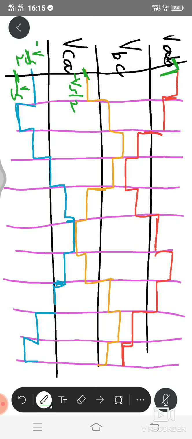This is Vs. Okay, so these are the line voltages for the 120-degree mode of VSI.